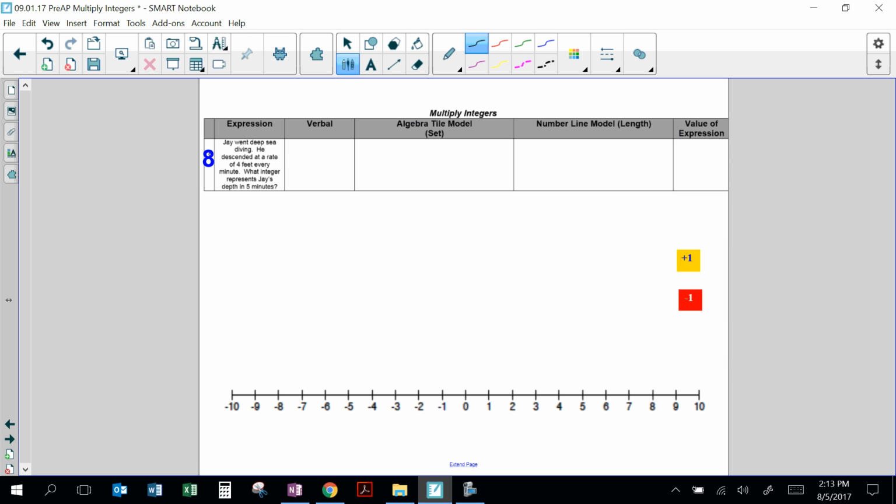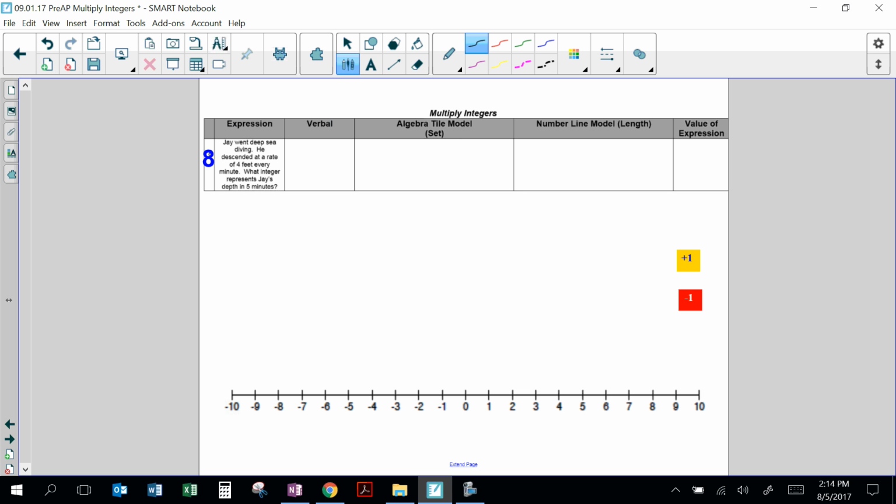And number 8, Jay went deep sea diving. He descends, another word for going down, at a rate of 4 feet every minute. So every minute he goes down 4 feet. What integer represents Jay's depth in 5 minutes?